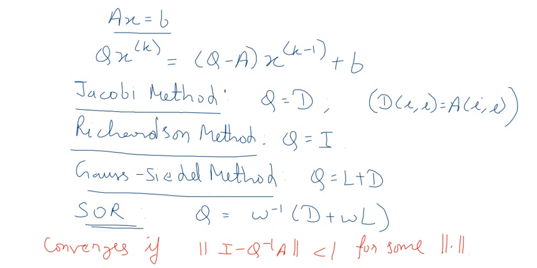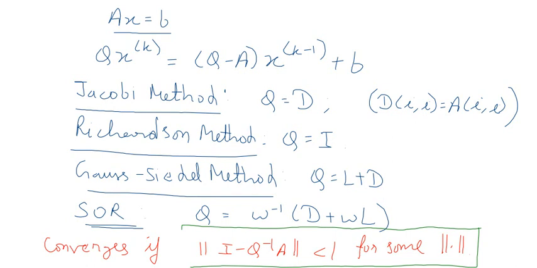Okay, means if this condition fails, you are not able to recognize, with respect to what type of subordinate matrix norm, that this condition is satisfied, then the method may or may not converge.